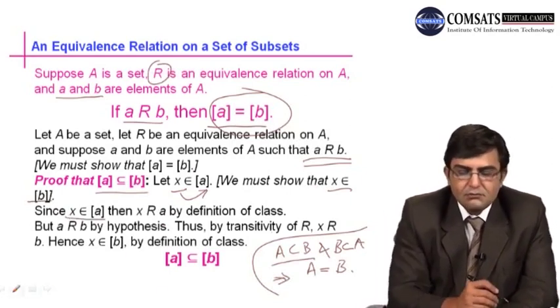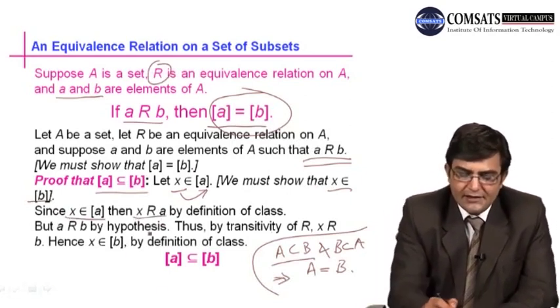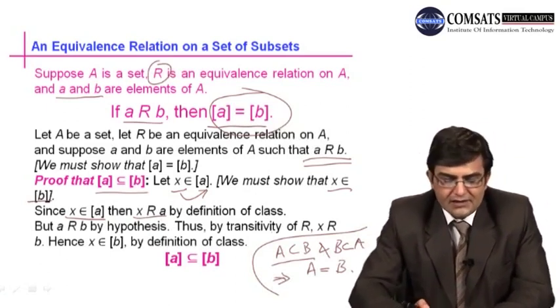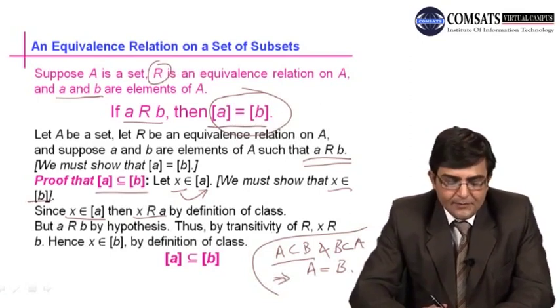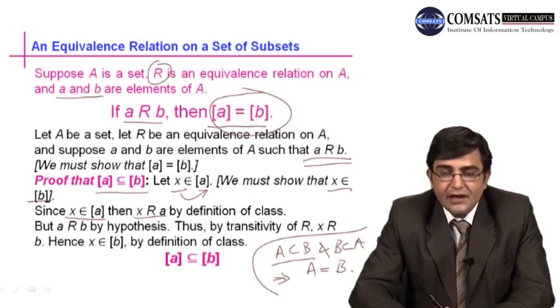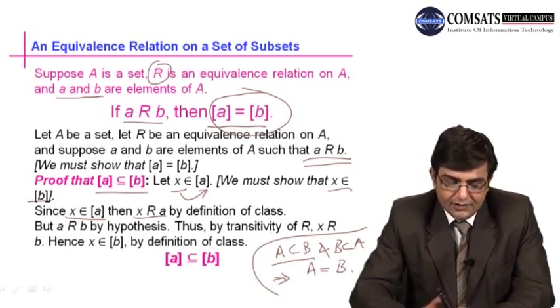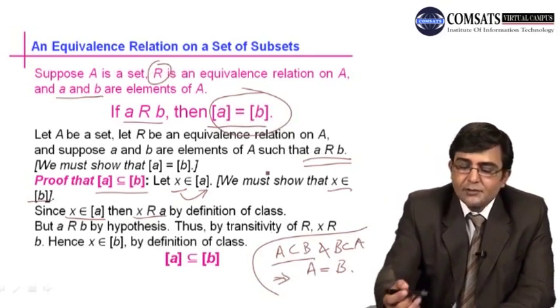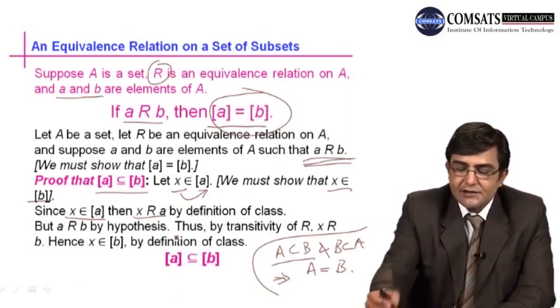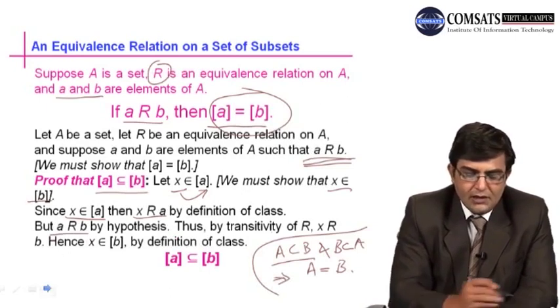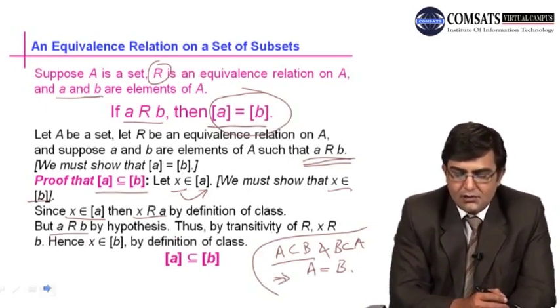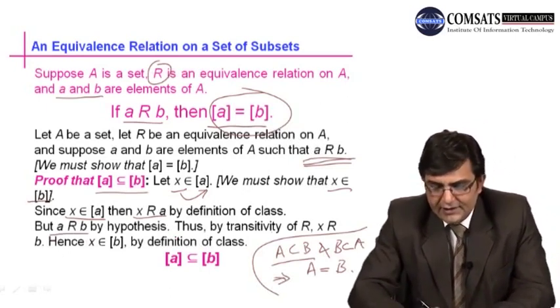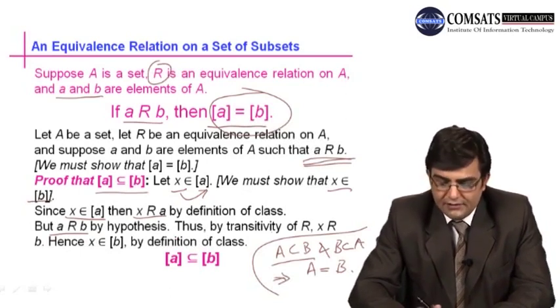Since x is an element of [a], x is related to a by the definition of equivalence class, because in an equivalence class all those elements of A that are related to a belong to that class. But we are given that a is related to b. Now R is also a transitive relation.